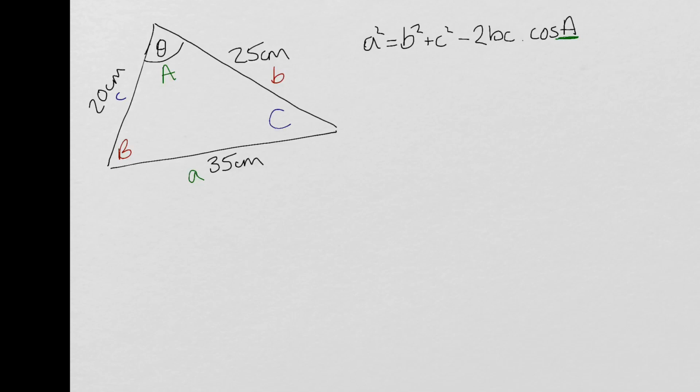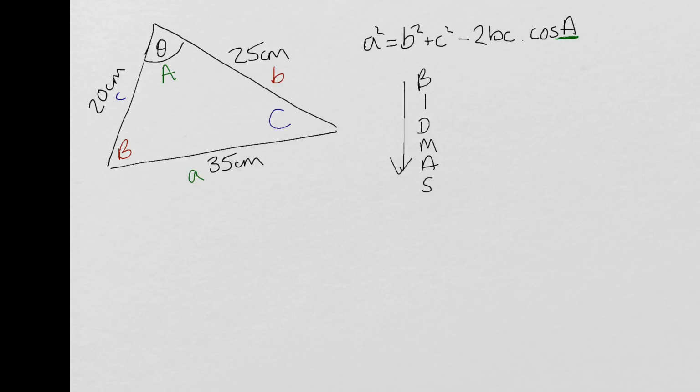So if you were given three sides and you're asked to find an angle and it's not a right angle triangle, so again, emphasis that this is with non-right angle triangles, then what you need to do is rearrange. Now, if you go back to year 7 and 8 work, remember BODMAS: brackets, or BIDMAS if you want to be posh, indices as in powers, D for division, M for multiplication, A for addition and S for subtraction.